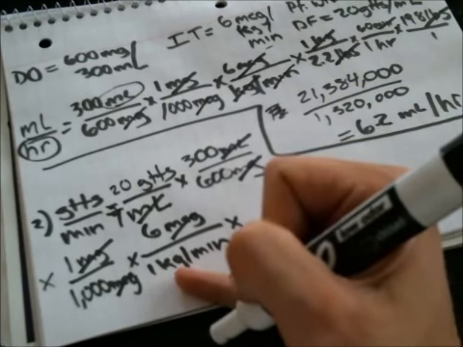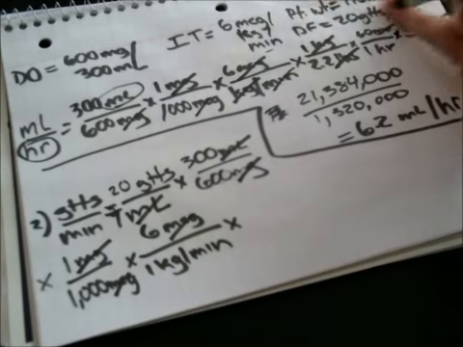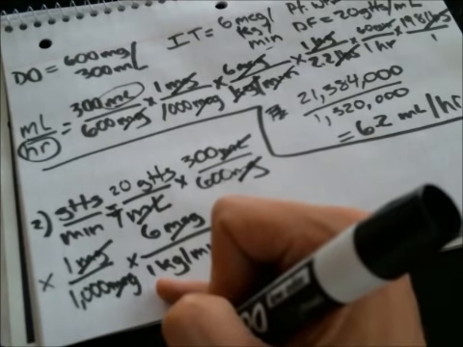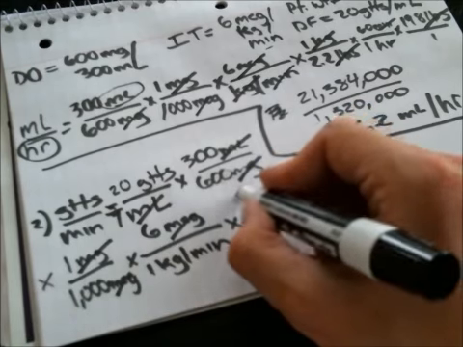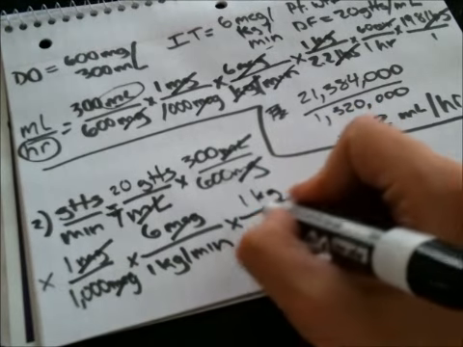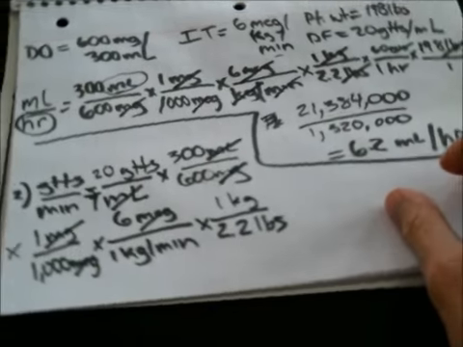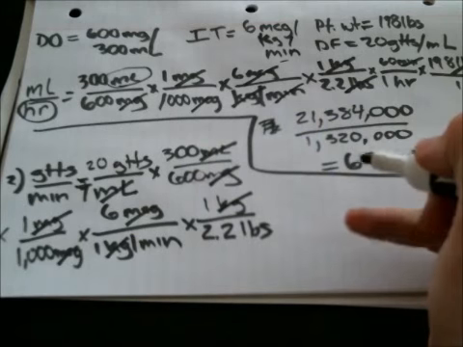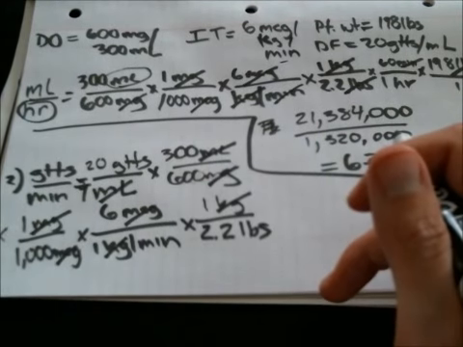We have kilograms at the bottom here, but in the patient information, the weight is in pounds, so we need to convert, right? We know to convert, since kilograms is at the bottom, let's put it at the top. 1 kilogram equals 2.2 pounds. Do you see that? Okay, so we can cancel out kilograms and kilograms. We have to deal with minutes and pounds here.